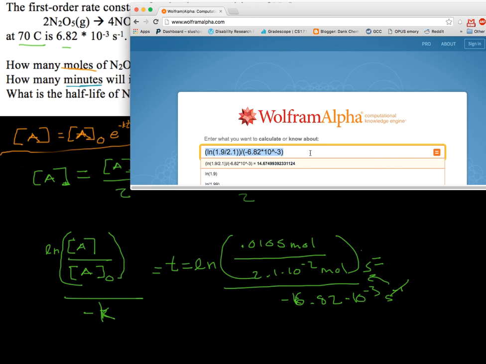The natural log of 0.0105 divided by 2.1 times 10 to the negative 2.